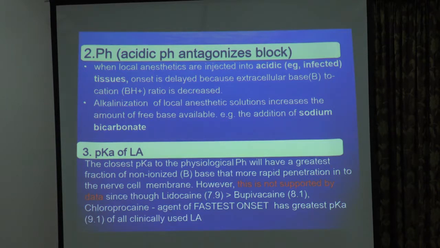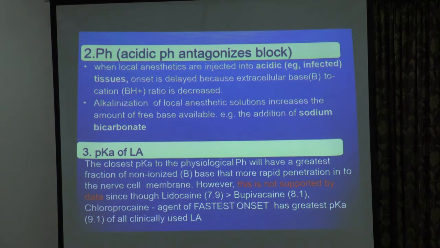So usually local anesthetics are injected into an acidic medium. If you inject it there, the onset will be what? Delayed. Because why will the onset be delayed if you inject it in an acidic medium?